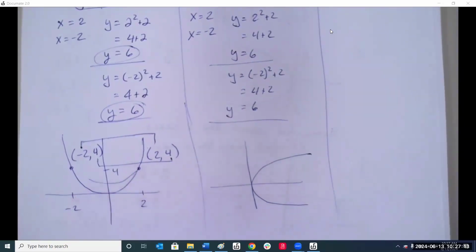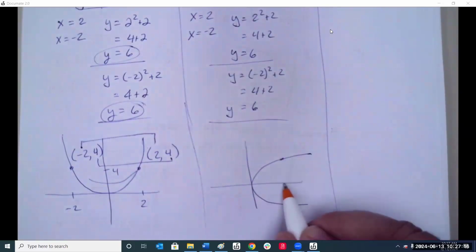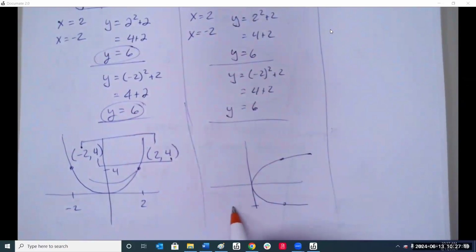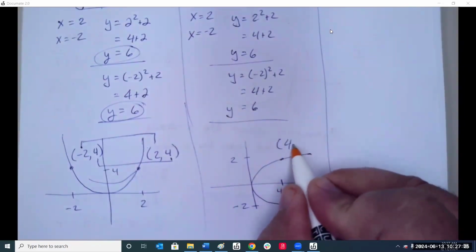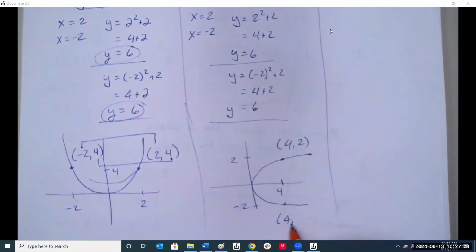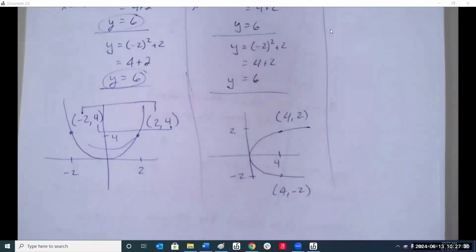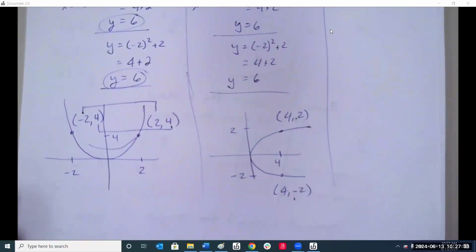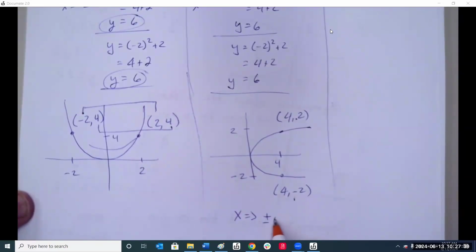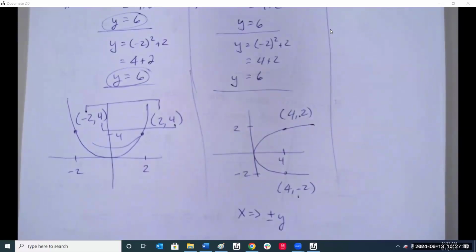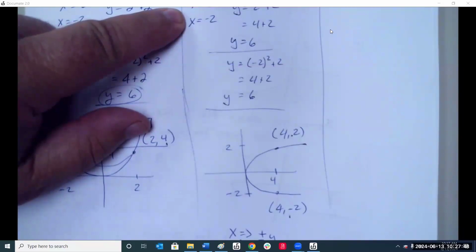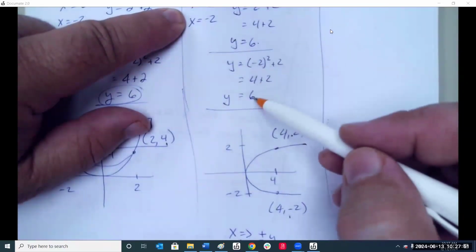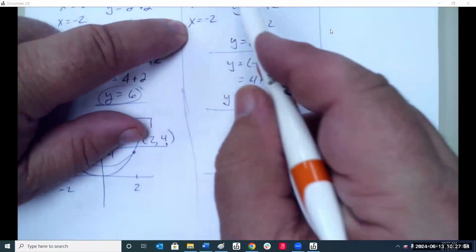That's symmetric about the y-axis. This one is 4, 2, 4, -2. What do we notice about these 2 points? So x gives you a positive and negative y value. So do I keep the same x value and get different y's? No. I got the same y's for different x's. So it's not symmetric about the x-axis.